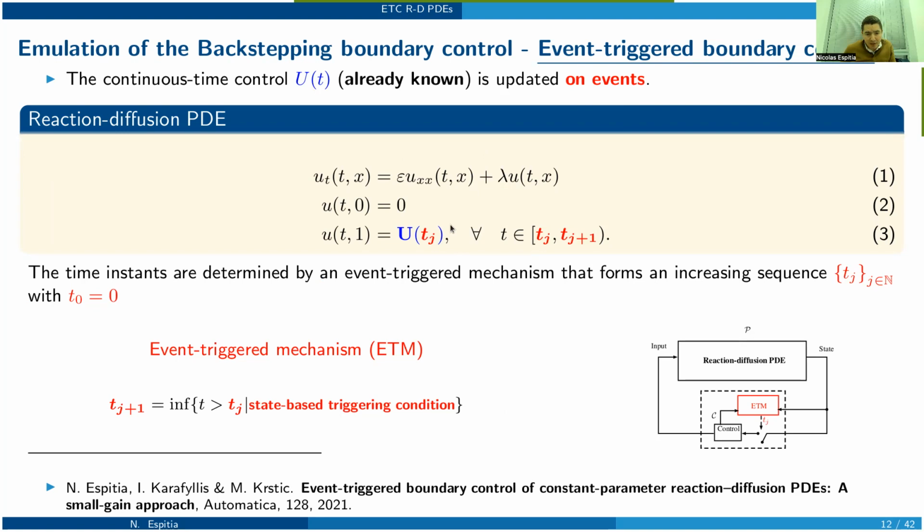We keep the control value constant in this interval of time, okay? We call the t_j the triggering times, and we update the control value according to an event-trigger mechanism, which verifies a state-dependent condition that says when the control value needs to be updated.